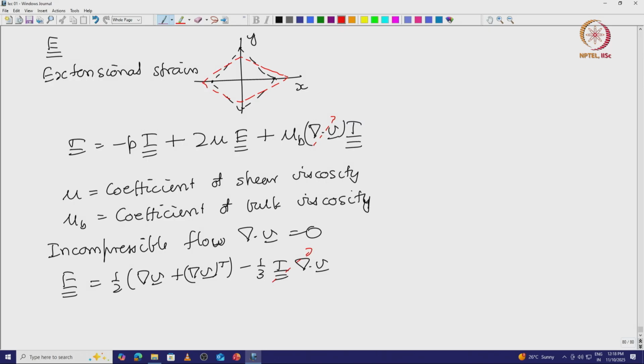And then basically the stress is equal to minus p I plus mu into grad v plus grad v transpose. That is what you will get for the symmetric traceless part.